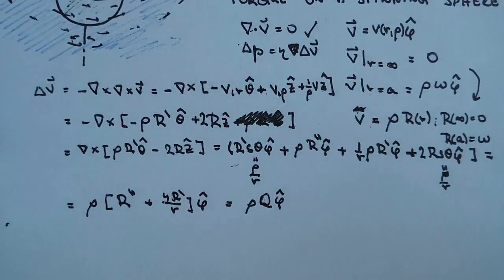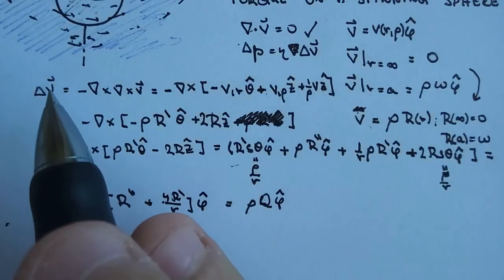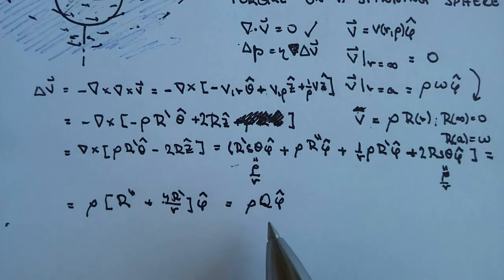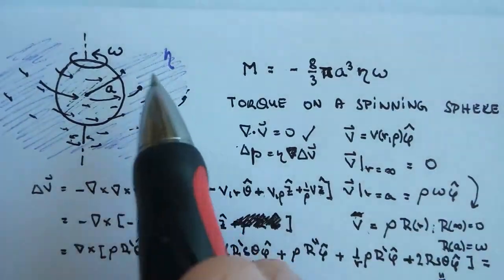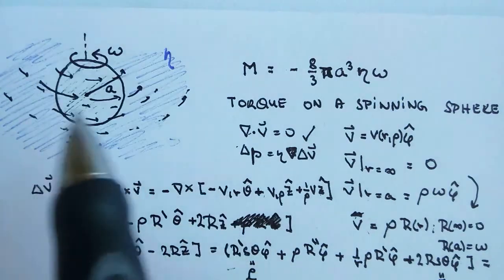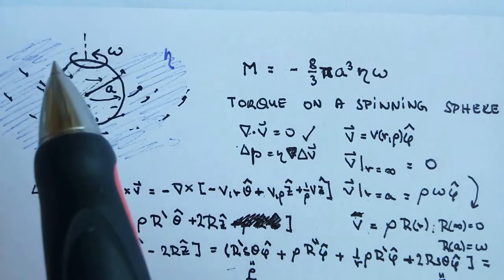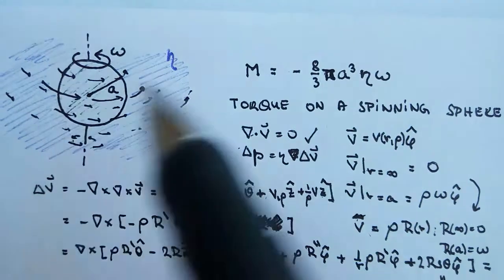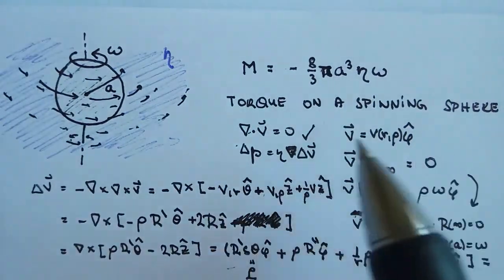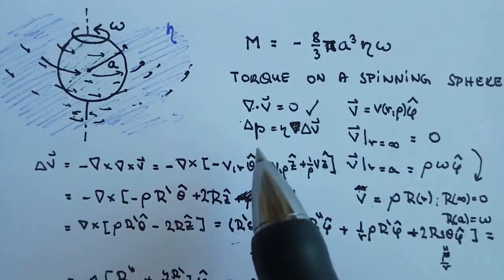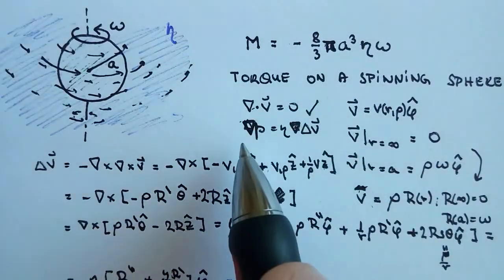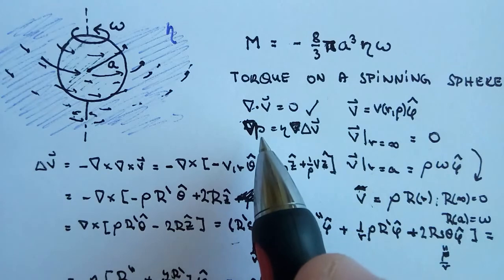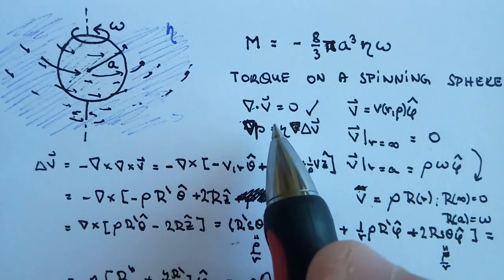Next, we have to take a curl of this and equate it with the pressure, but we don't have to do that, because pressure cannot be a function of phi, because otherwise there would be a discontinuity. If it's not a function of phi, then the gradient of the pressure is not proportional to phi hat.